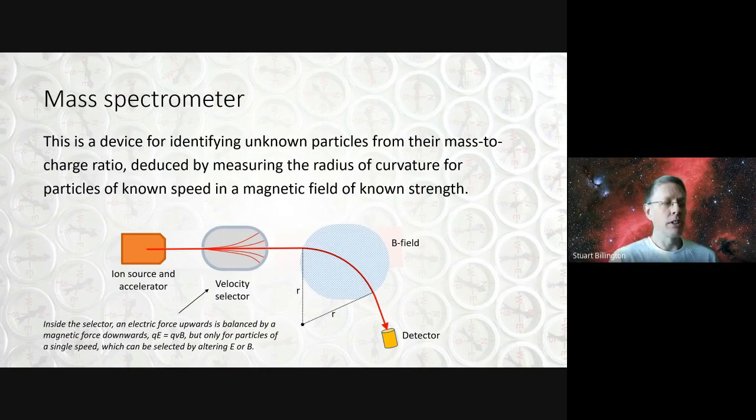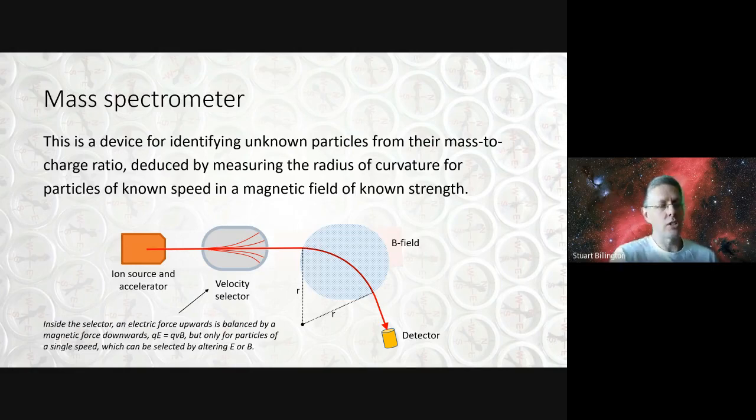So we've got this formula that the electric field downwards is equal to the velocity times the magnetic field strength upwards. And so if we just tweak our E and our B to be just the way we want them to be, you can see that V is just E over B. So if we take our ratio of the electric field strength and the magnetic field strength to equal the velocity that we want, then we can know what speed the particles are coming out at.